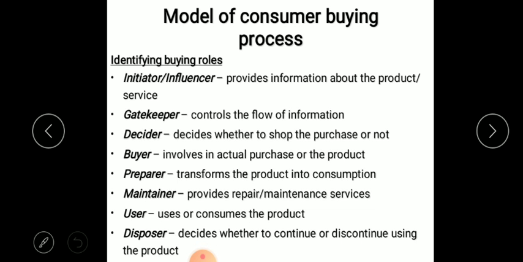Suppose you want to sell something to the doctor or any person who is in a cabin, and he has a receptionist outside, then you have to meet the receptionist first. The receptionist then controls the flow of information, how much information has to reach the doctor, or whether the information has to reach the doctor or not.